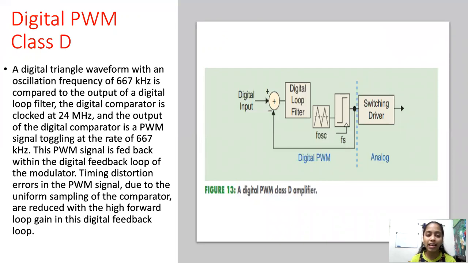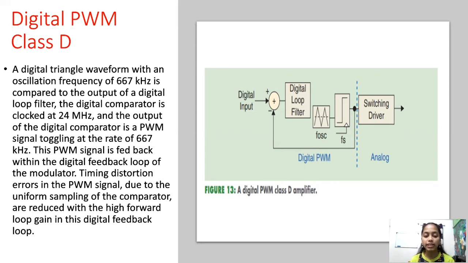In the digital PWM Class D, a digital triangle waveform with an oscillation frequency of 667 kilohertz is compared to the output of the digital loop filter. The digital comparator is clocked at 24 megahertz, and its output is a PWM signal toggling at the rate of 667 kilohertz.